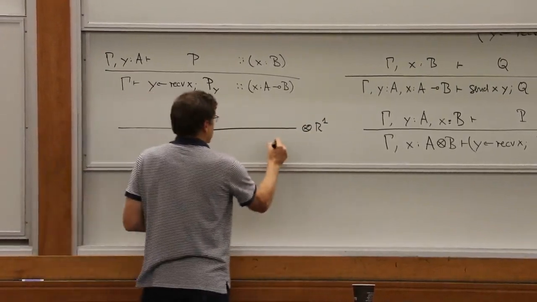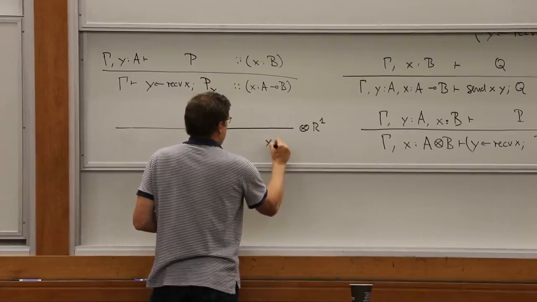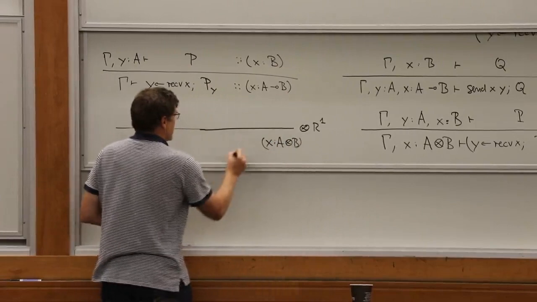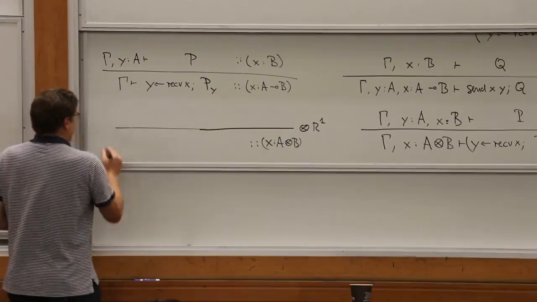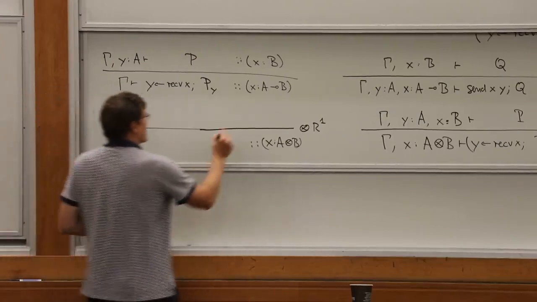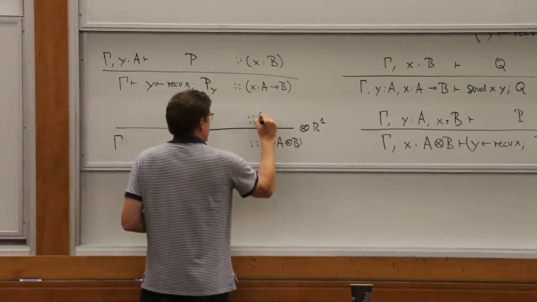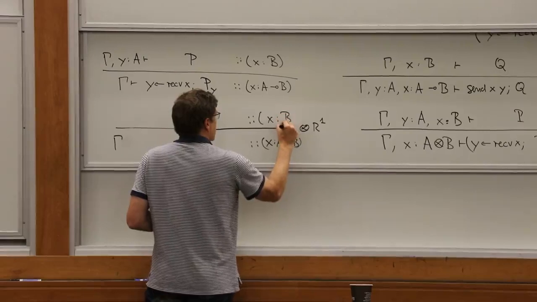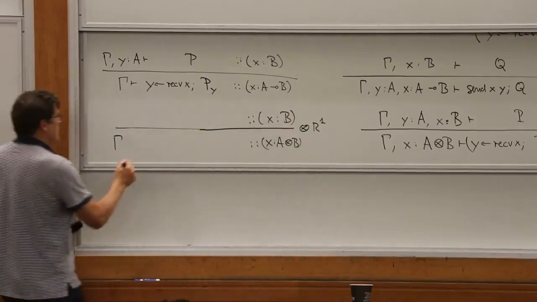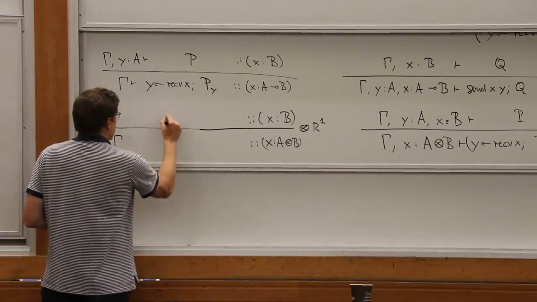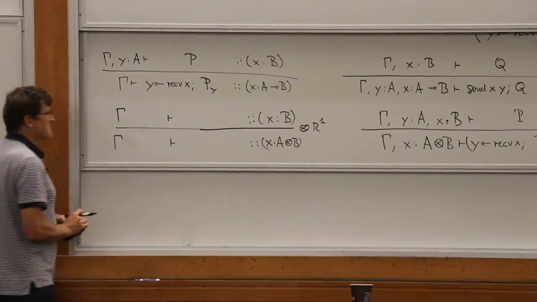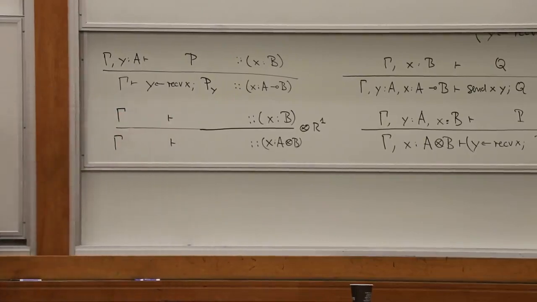On the right-hand side, we have x of type A tensor B. That's the channel that we're communicating along. And on the left-hand side, we have gamma. And then afterwards, the channel x has to be of type B, and we have some turnstile here, some turnstile here. Presumably gamma survives. So that's how much we know.